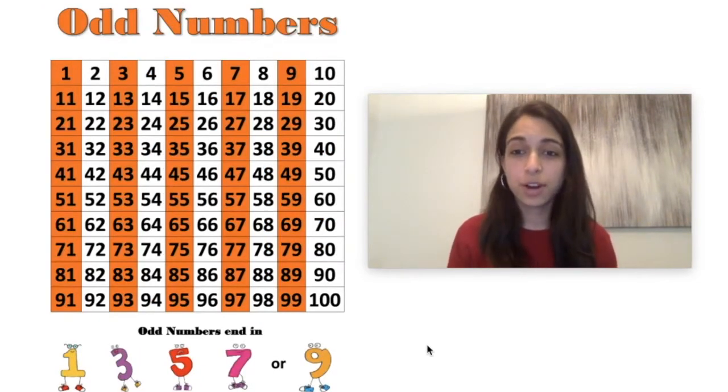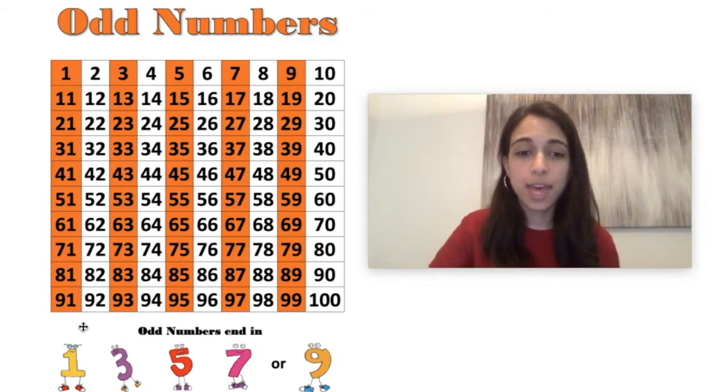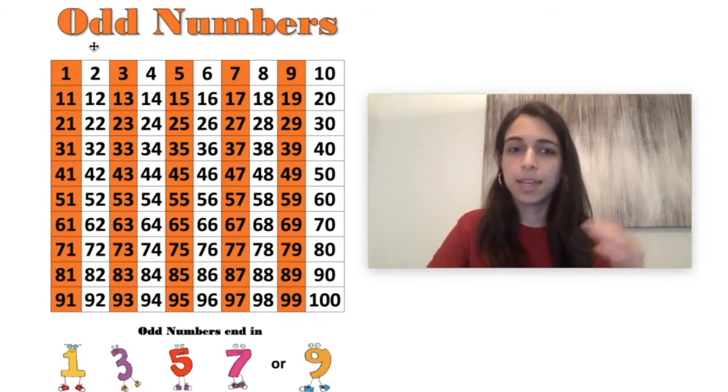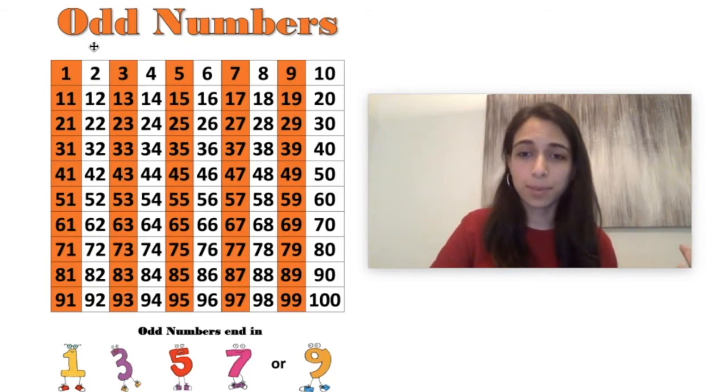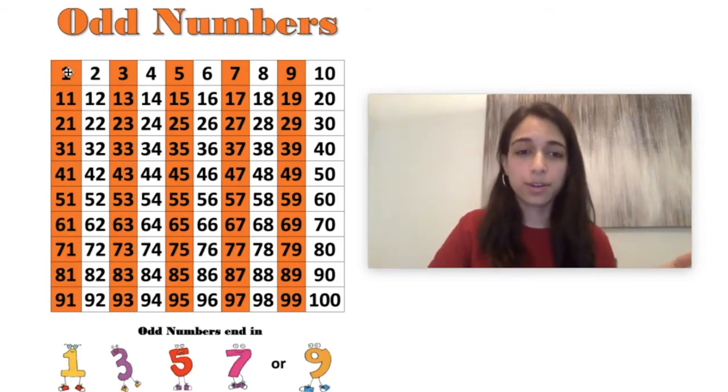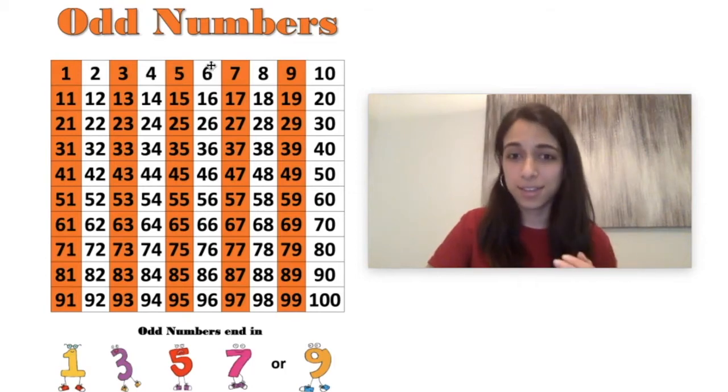Looking at a hundreds chart where the odd numbers are highlighted, we can see that the columns that were white on that evens chart are now highlighted. And this shows what I was mentioning earlier, that it must be that before every even number is an odd number. So it goes back and forth. It goes odd, even, odd, even, odd, even.